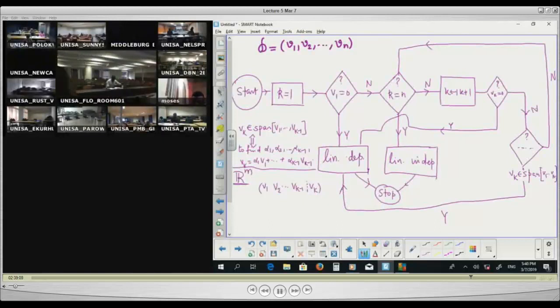So each stage, when you are hitting this block, you are using some kind of Gauss-Jordan algorithm. This decision procedure itself is another big flowchart. So you add these bits and pieces of flowcharts to get your final flowchart.